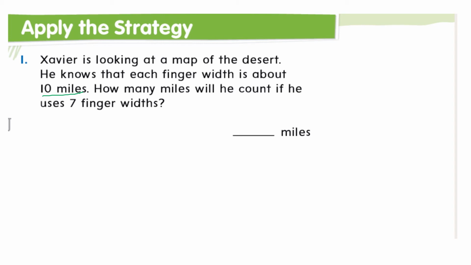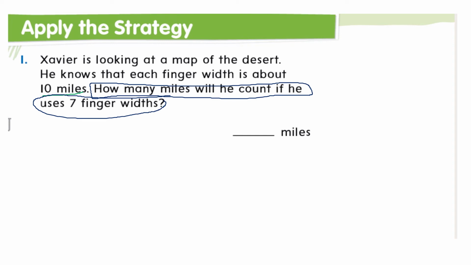We are going to circle what we need to find, and we are going to underline what we know. What we know is that each finger width is about 10 miles. What we're going to find, how many miles will he count if he uses 7 finger widths?